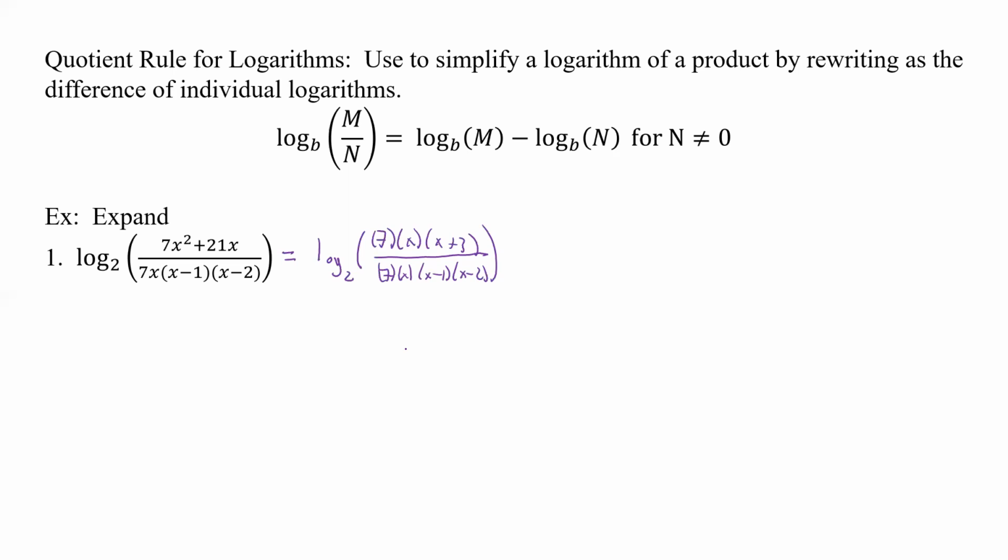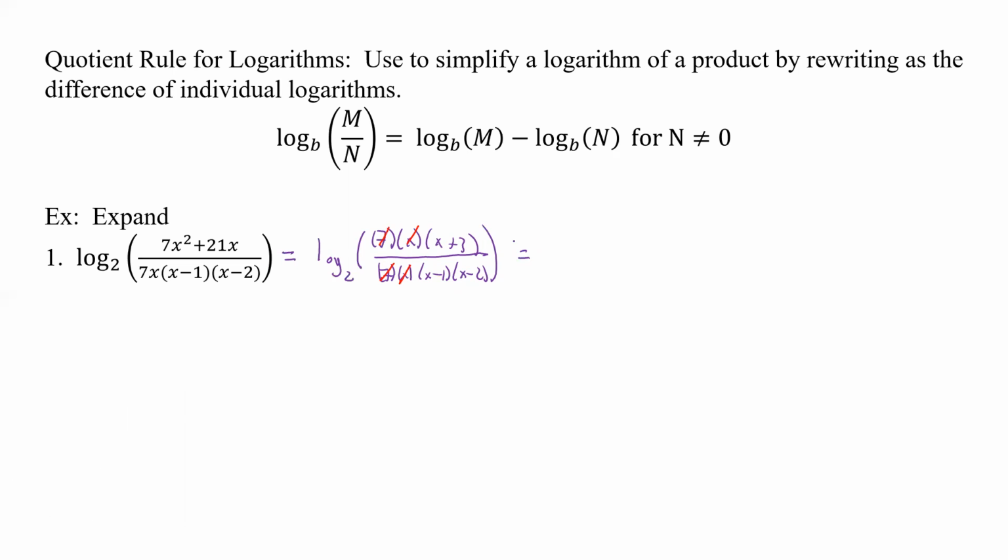And so we start with this. Now, the key is we can cancel. Our 7 cancels that 7, that x cancels that x, and so really we just have these 3 items left, okay? And so when we do that, what does that give us?